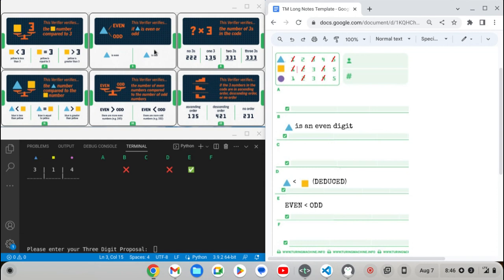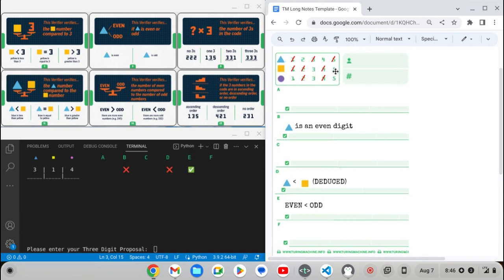And more than likely, it's going to have to do with perhaps the ordering. So let's see. And I guess based on square, we should be able to figure out what triangle is.